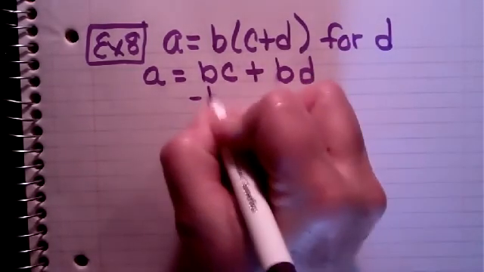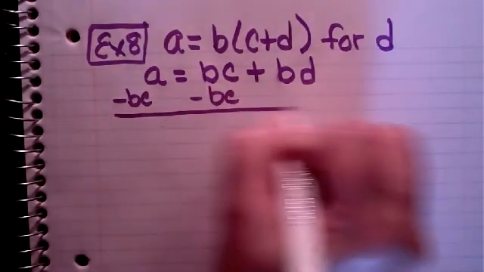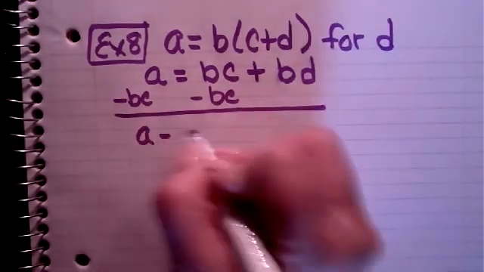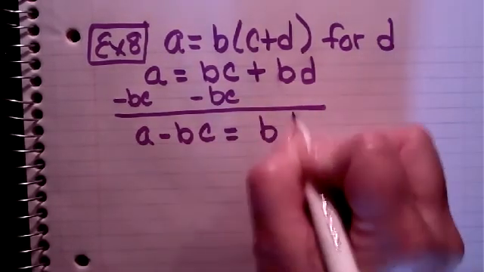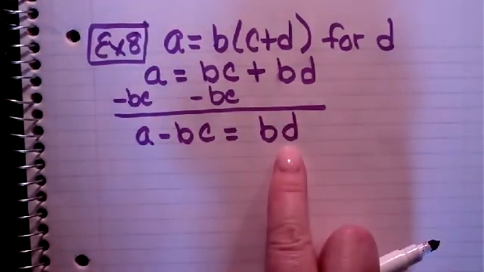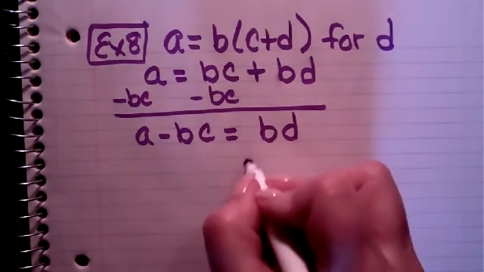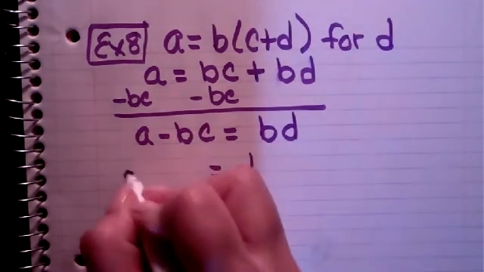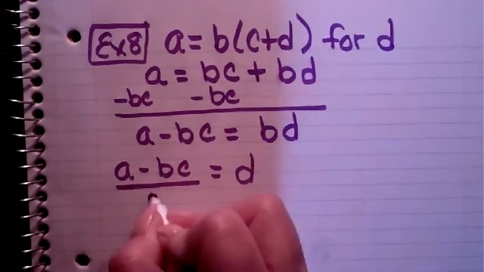So the first thing I'm going to do is subtract the BC from both sides, just like that. So I'm going to have A minus BC equal to BD. Now, if I'm isolating D, that means I need to divide by B. So I've got D equal to A minus BC all over B.